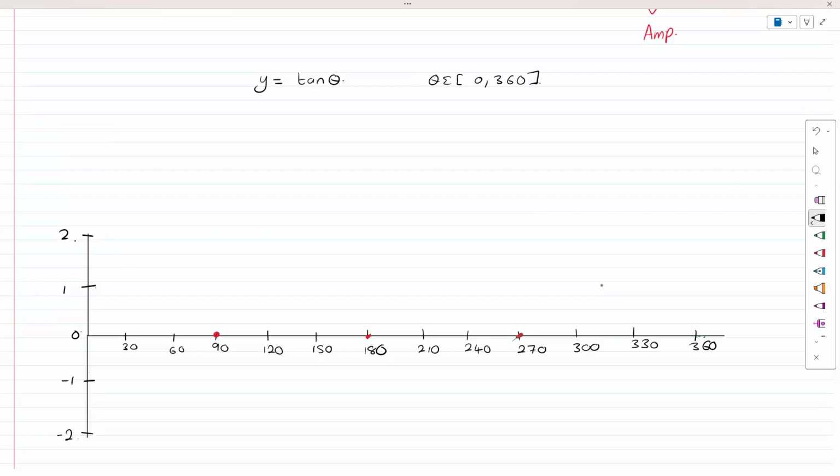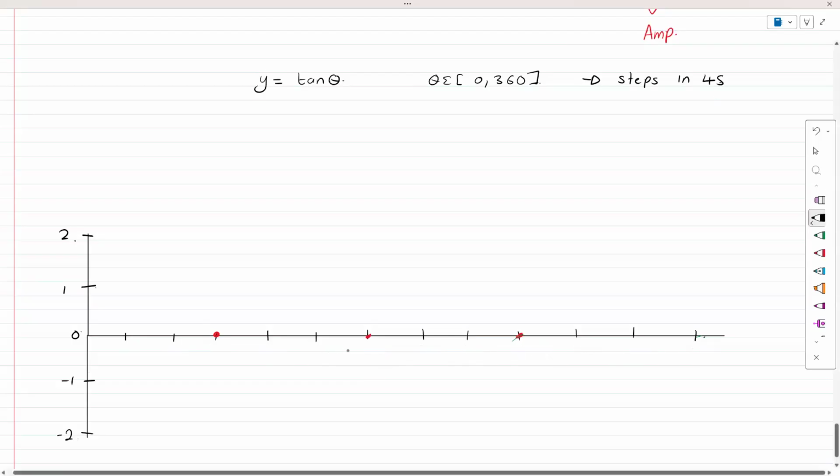Now, the thing is, when it comes to tan, tan steps in 45s. It's very difficult to step in numbers that are not 45. You can, but they give you very weird numbers. But it's up to you guys.